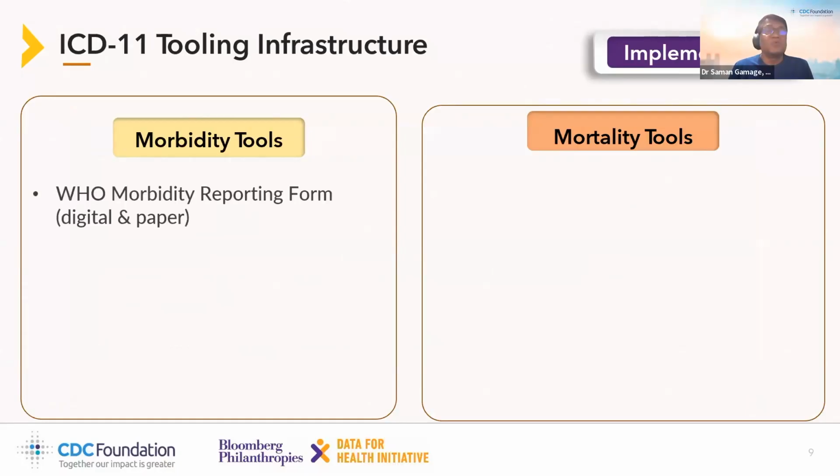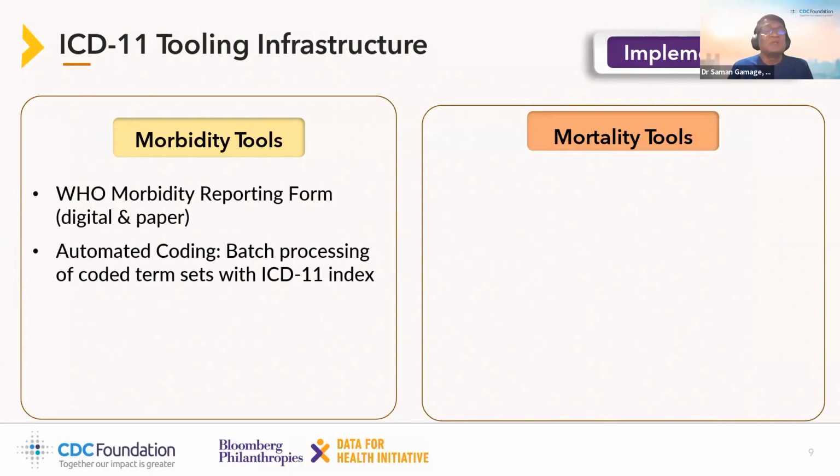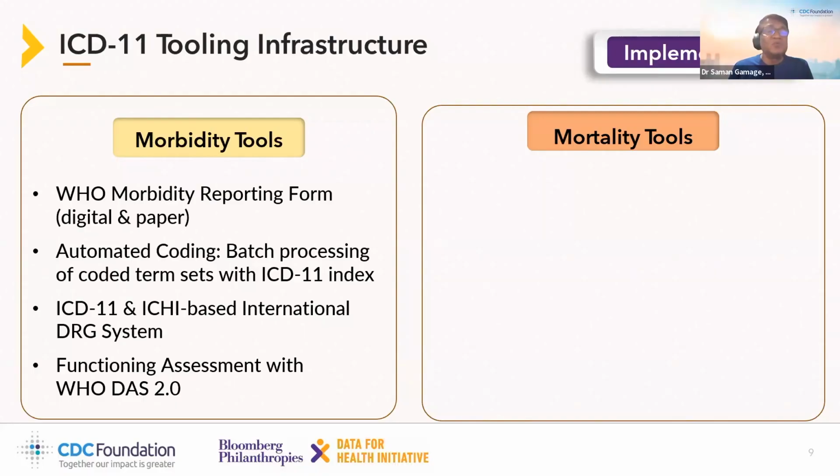For morbidity, you have the WHO morbidity reporting form, then automated coding, batch processing of coded term sets with the ICD-11 index, then ICD-11 and ICHI, the International Classification of Health Interventions based International Diagnosis Related Group System, DRG system, then functioning assessment with WHODAS 2.0, the WHO Disability Assessment Schedule.